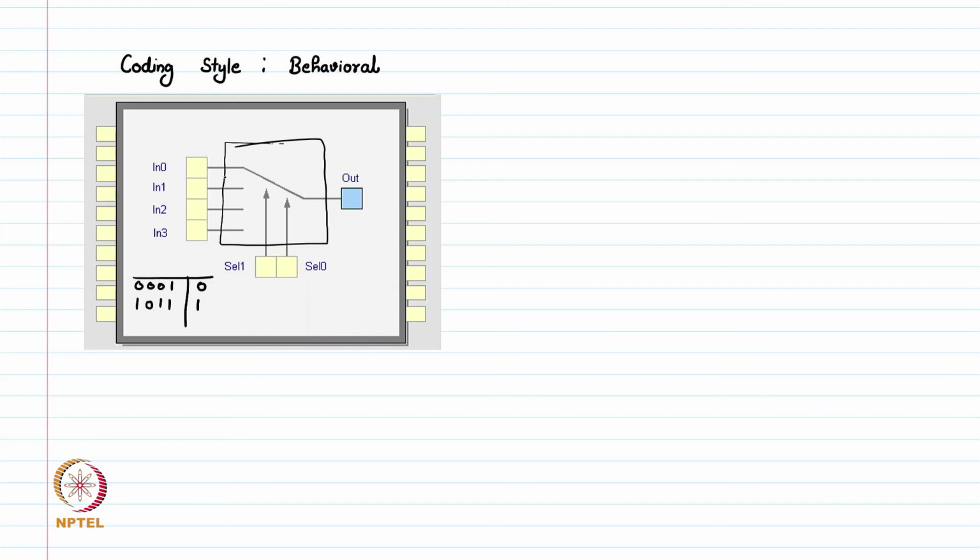So, that type of coding style is called the behavioral type of coding style. So, here we specify the circuit in terms of its expected behavior.